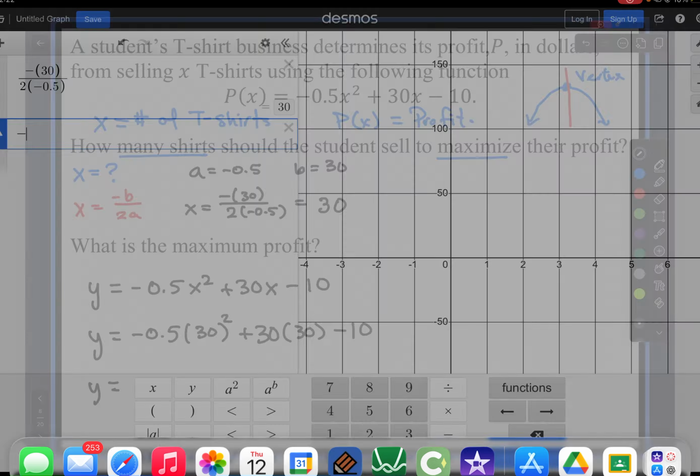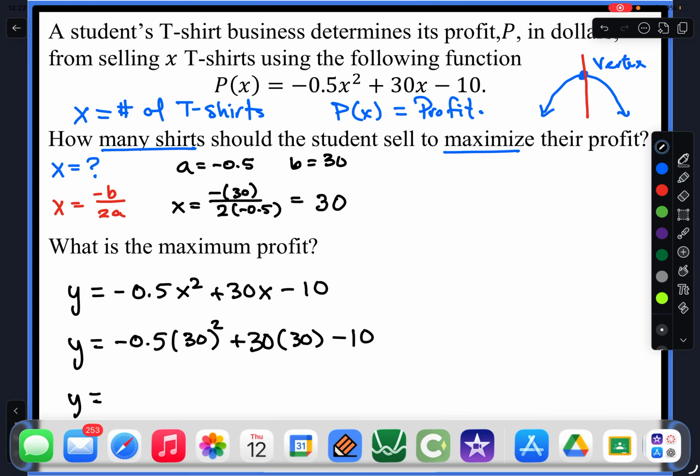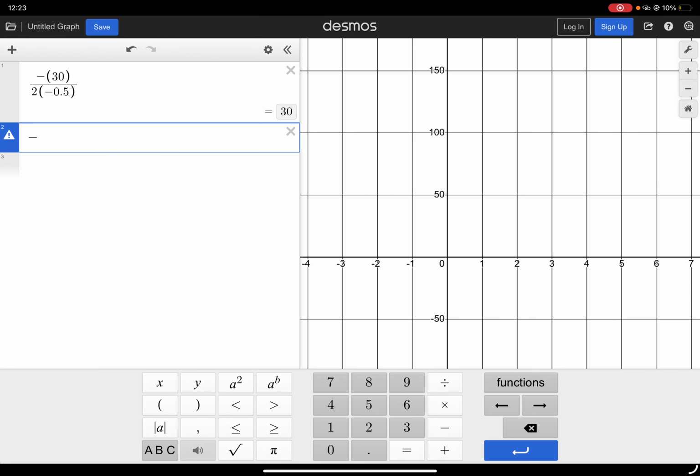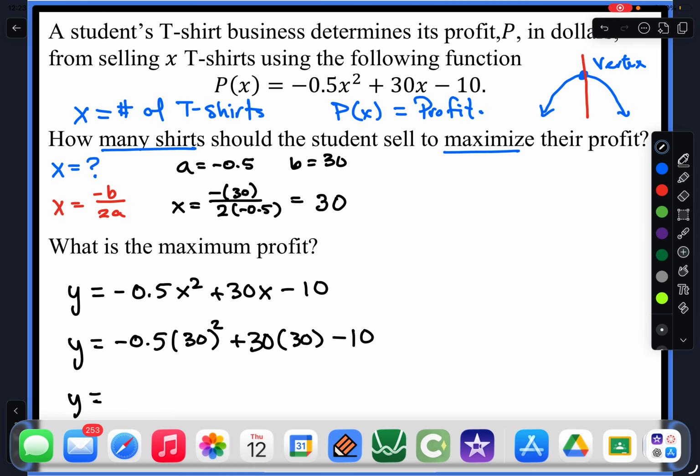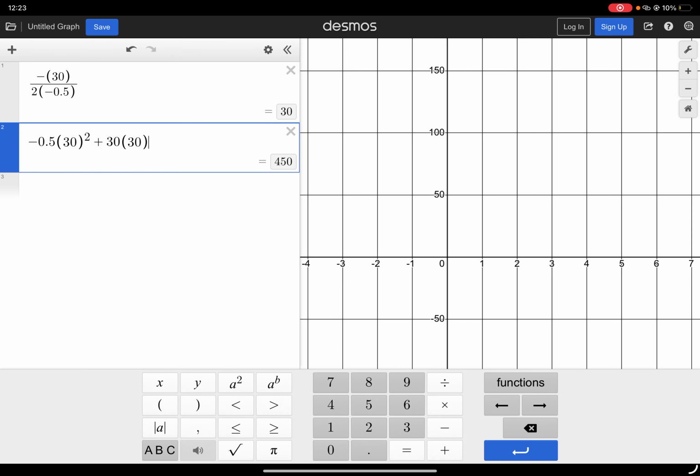So it was negative, I'll refer to the equation, negative 0.5 times 30 to the second power plus 30 times 30 minus 10 is 440.